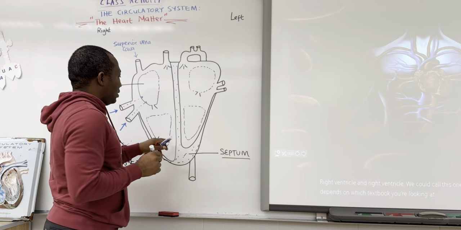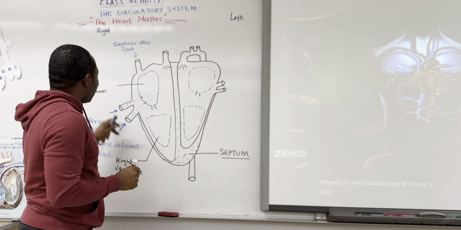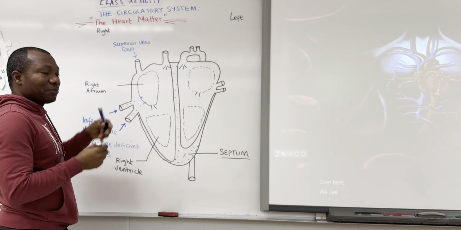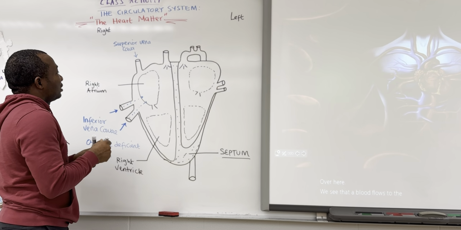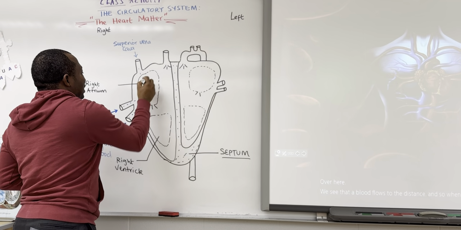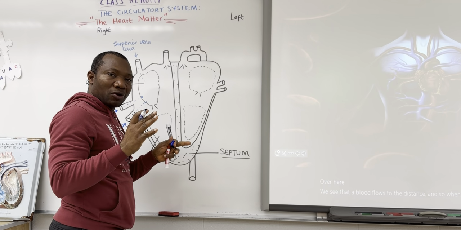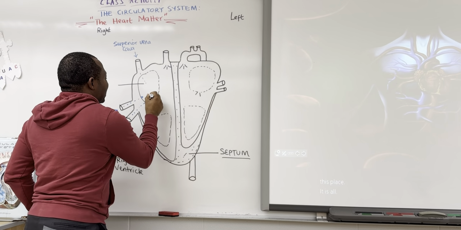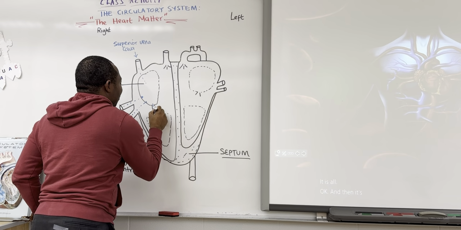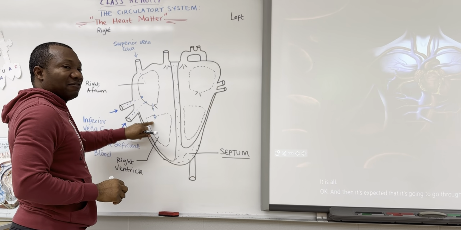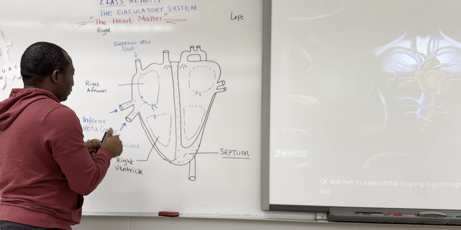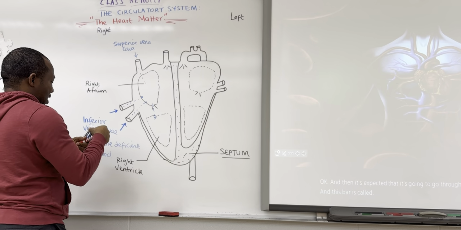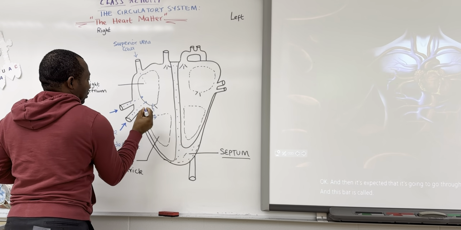Over here, we see that the blood flows through to this place. And so when the blood flows through this place, it fills up. Okay. And then it's expected that it's going to go through the valve. I'll just label it this way.